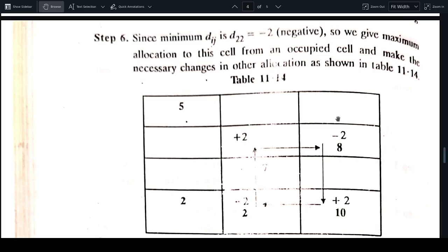What we do? In this allocation, in the corner points of this loop, what are the allocations?